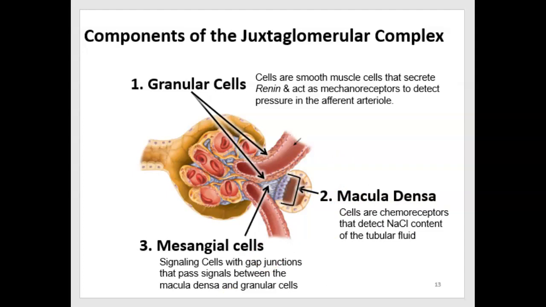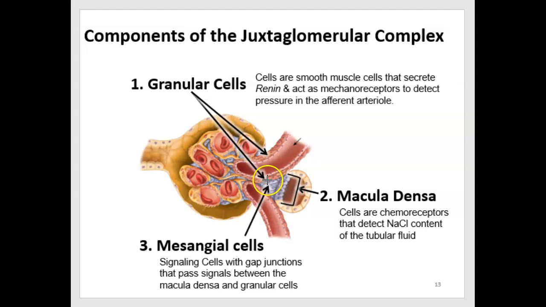The third component of the juxtaglomerular complex are the mesangial cells. And they're kind of in between the other two types. They form this triangle here. And so the mesangial cells are cells that do signaling because they have gap junctions in between them and signals can pass easily.